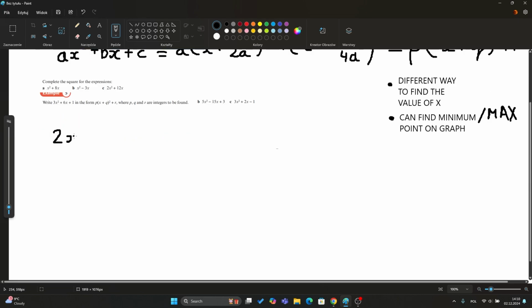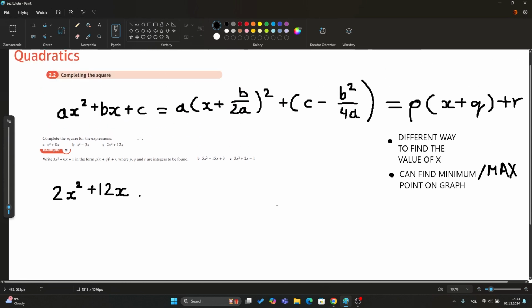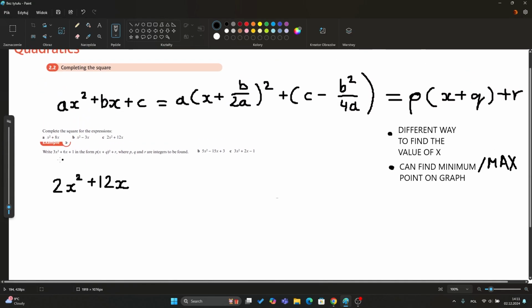Now what happens if you have an a value of 2? Other mathematicians would do the complicated way, but because we have the formula, we don't have to do the complicated way, and we can just plug in the numbers.